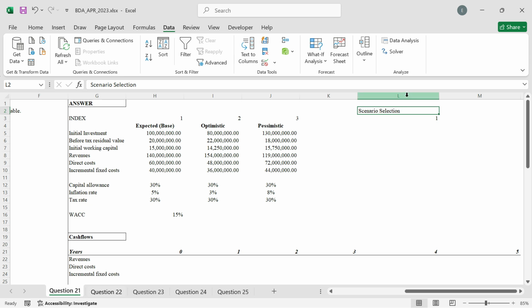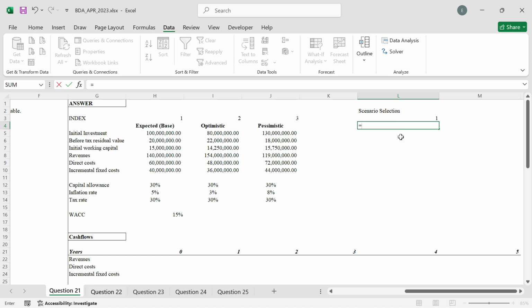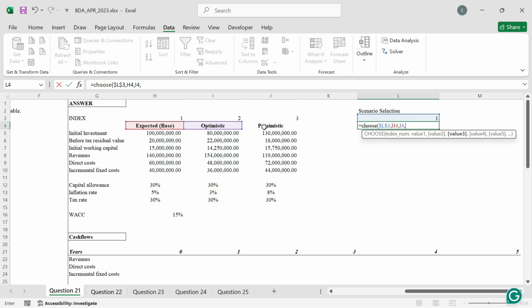Then now I can use this to choose between my various values of the scenario side. I'll use the choose function using this index number, which I lock, between value 1, value 2, and value 3.